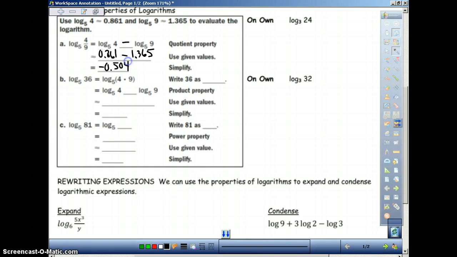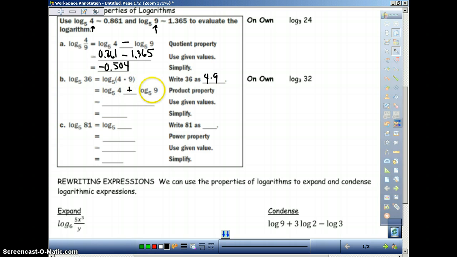Now, for this one, this is a little bit different. But again, this is what you need to be thinking about. Based on what's given to you, you're given a 4, you're given a 9. So when they start asking you things like 36, think about how you can make 4 or 9 or both of them turn into 36. Well, that's real simple. 36 can be written as 4 times 9. So we can write it as log base 5 of 4 times 9, which is the same thing as saying log base 5 of 4 plus log base 5 of 9.